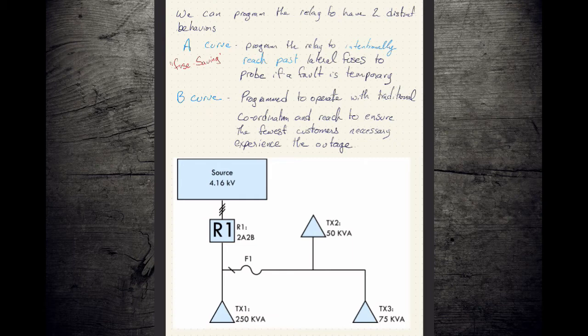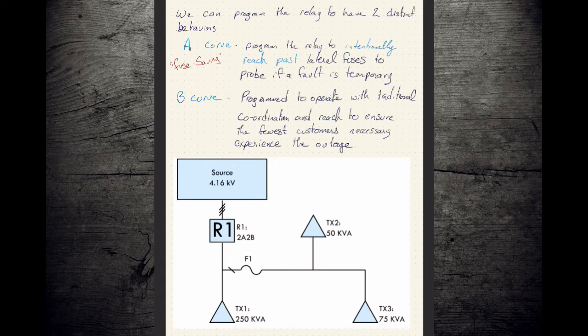These don't have to be the same shape. They could emulate, for example, two separate fuses, or have two separate shapes or pickup conditions, allowing us to change the reach of our protection.